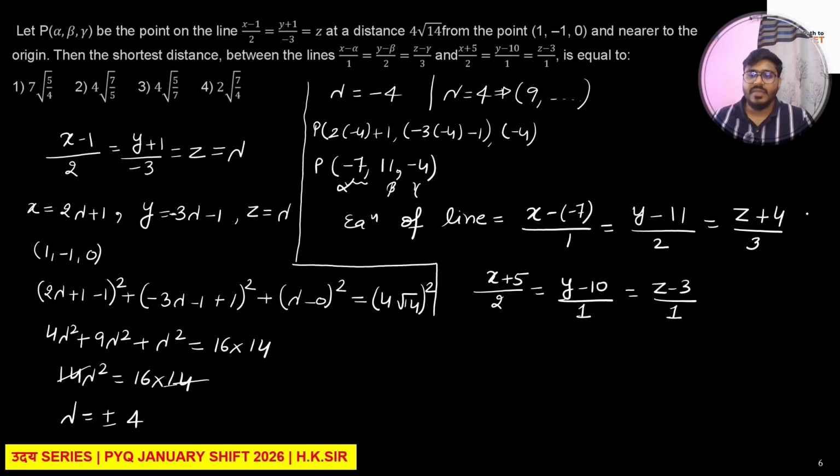Now they are asking the shortest distance between these two lines. So how to find the shortest distance between these two lines? The lines are in Cartesian form.